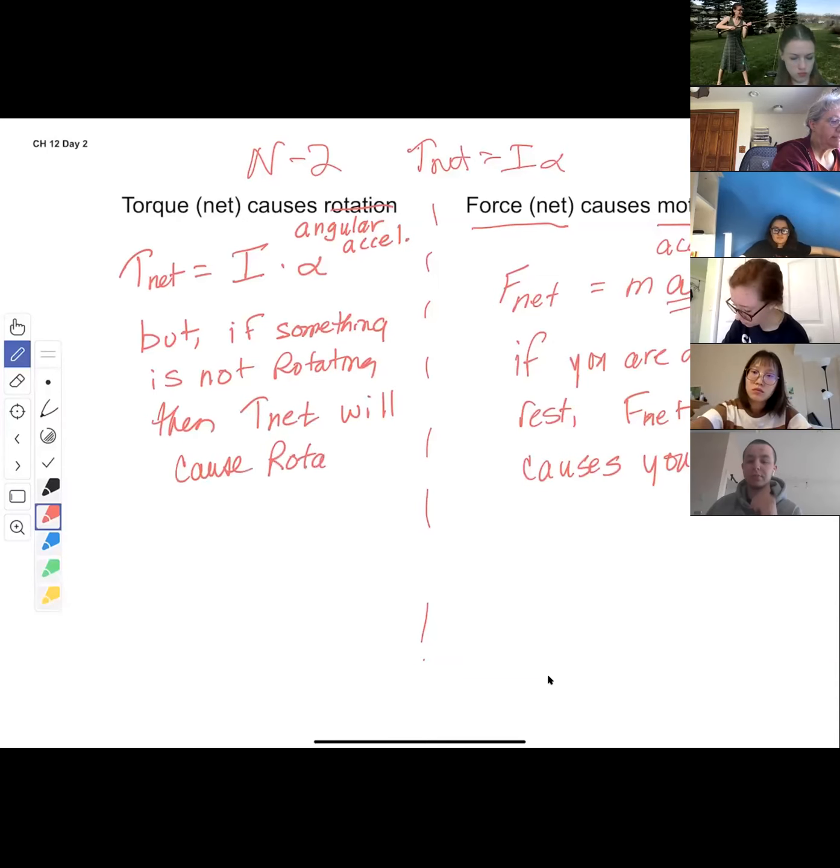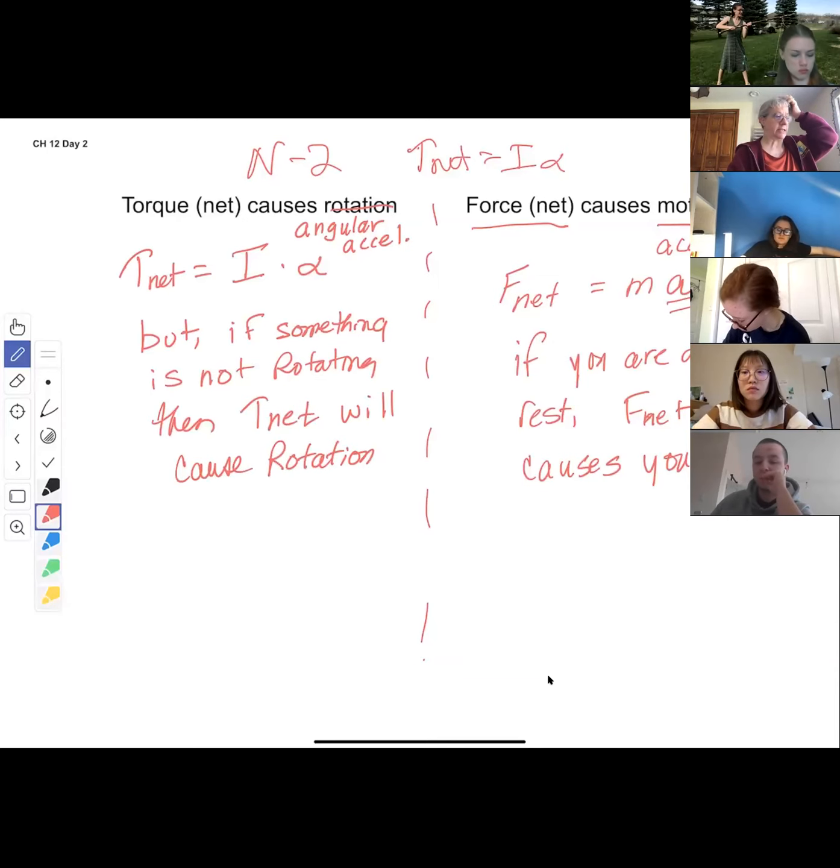You'll hear any number of physicists or engineers say, oh, a torque causes rotation. Well, what we really mean is net torque causes something to rotate if it were at rest. If it were already rotating, a net torque would make it speed up or possibly slow down, depending on the direction of the net torque.